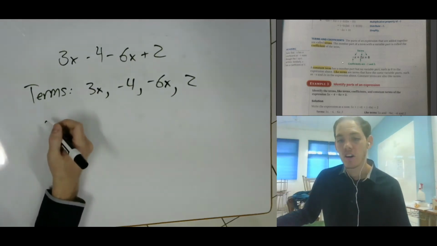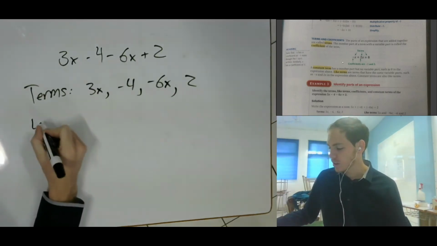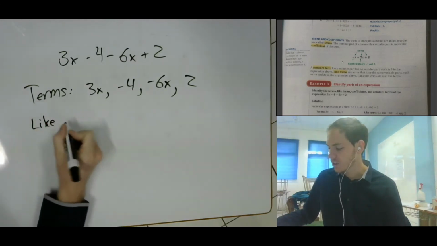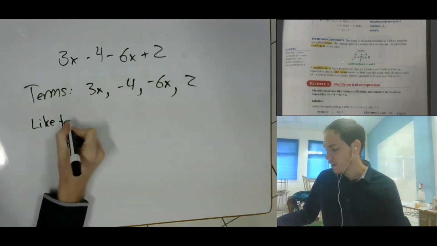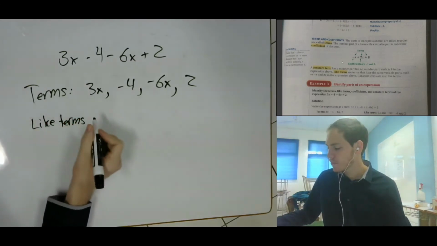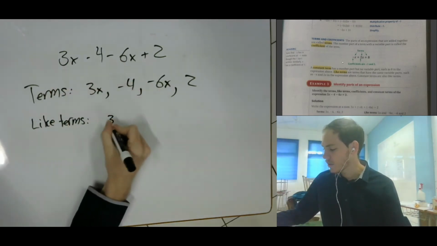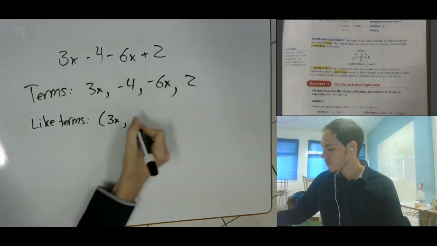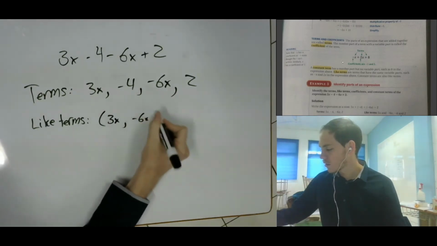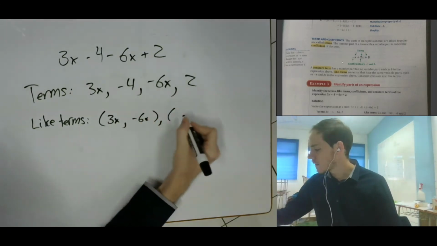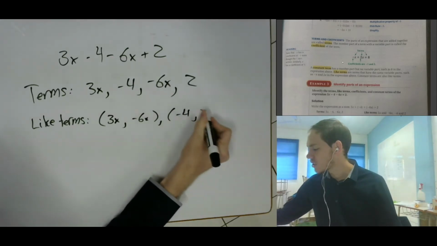And what are our like terms? Okay, which terms are like each other in terms of power and variable? So 3x and negative 6x are going to be one. And negative 4 and 2.